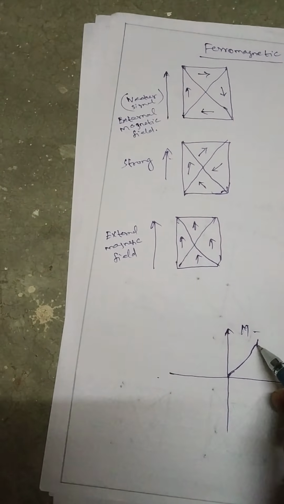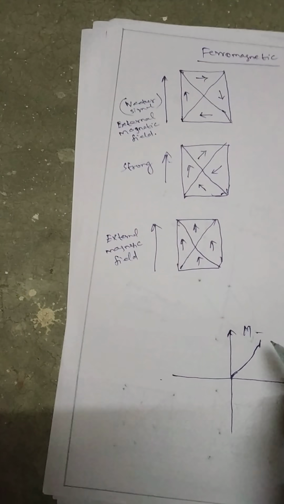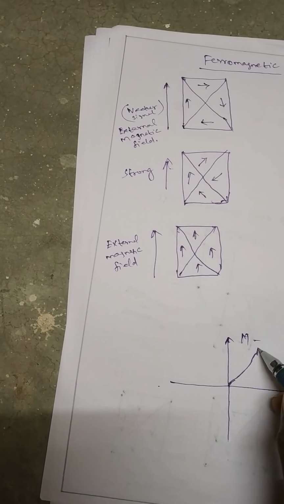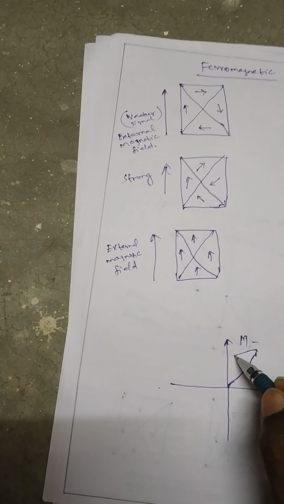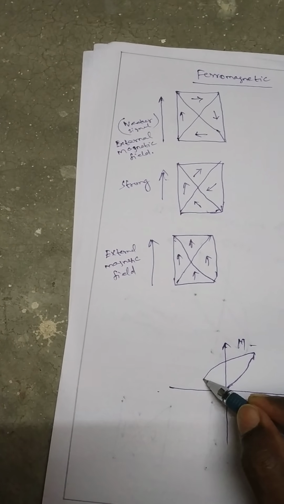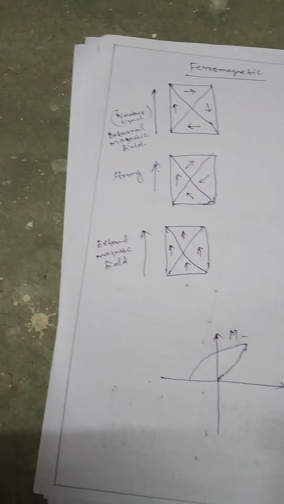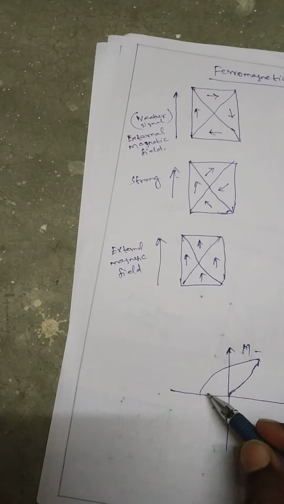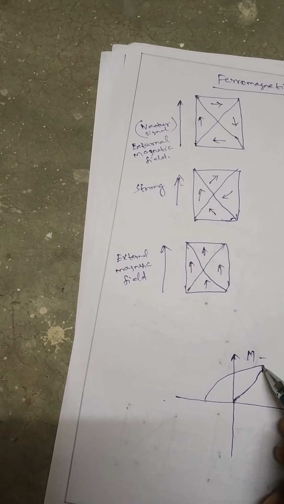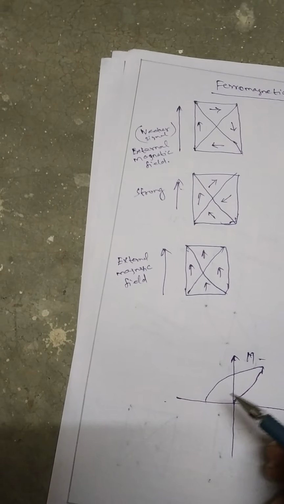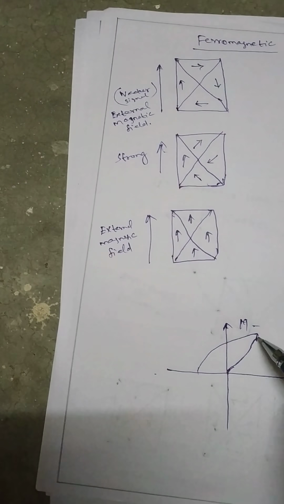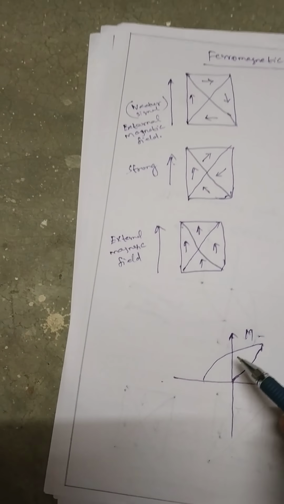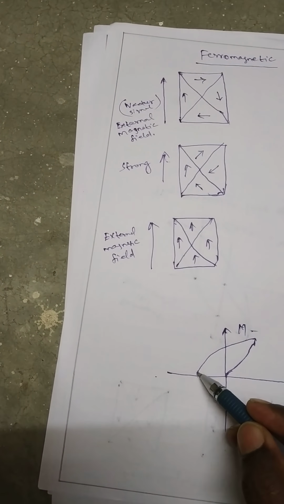Now we start to reduce the magnetism by reducing the external magnetic field. As the magnetic field reduces, the magnetism of the material also reduces gradually.